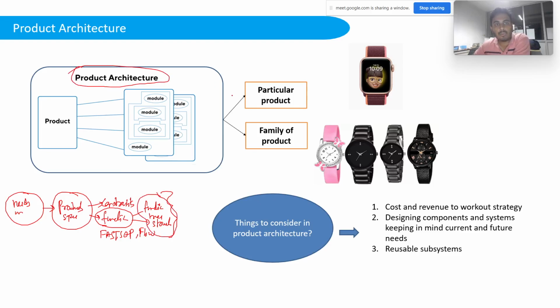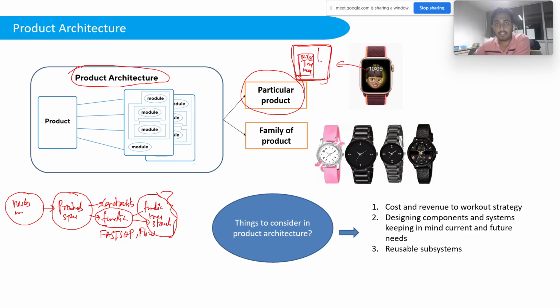So basically there are two types of product architecture. One is related to particular products, which is how a product architecture is defined inside a product. For example, if a product is a digital watch, it will have time keeping hardware, which is called an RTOS.